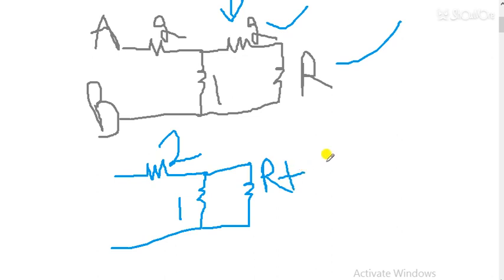I hope up to this point the circuit is clear. After this point you can see this 1 ohm, this 1 ohm and this R plus 2 are in parallel. As we did earlier, I am drawing it.